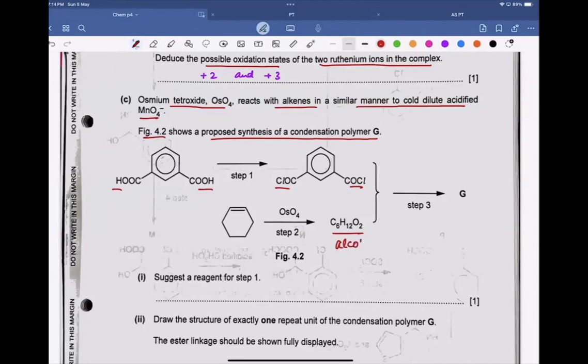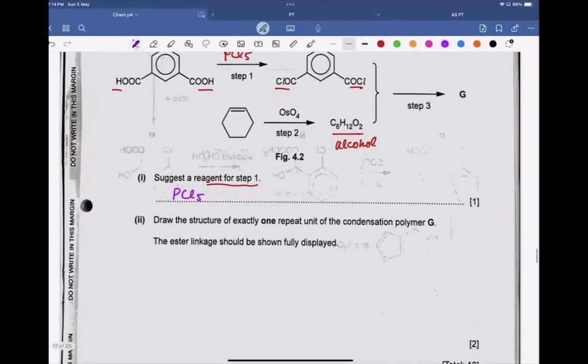So an acid chloride and an alcohol go through condensation polymerization. So just a reagent in step 1. So OH is turning into Cl. So I think you can use PCl5 at room temperature, SOCl2 at room temperature, or PCl3 with heat. So you can write PCl5 or the other two. Is this clear to all of you?